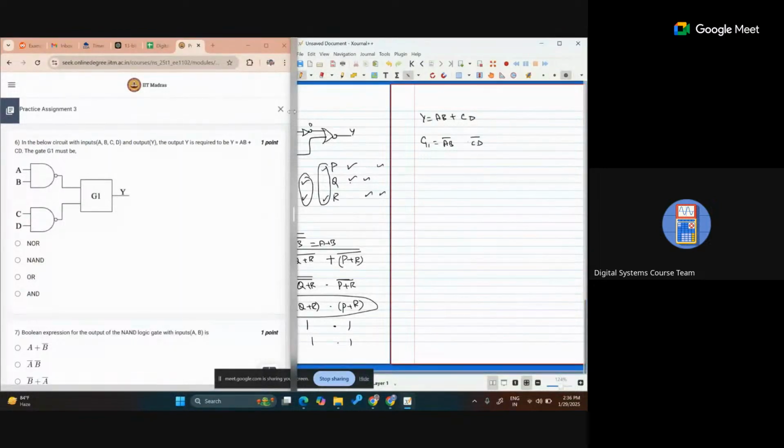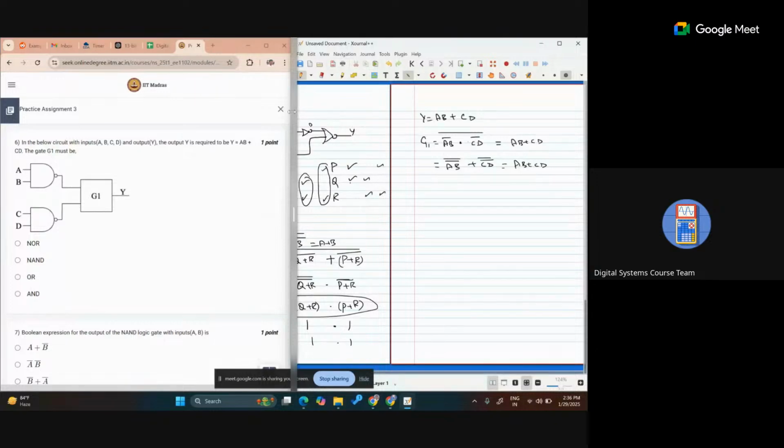Am I right? Yes, sir. Okay, what is supposed to be done such that I get the output as AB plus CD? If I put dot, that is equal to AB the whole bar of whole bar plus CD the whole bar of whole bar, that gives AB plus CD.